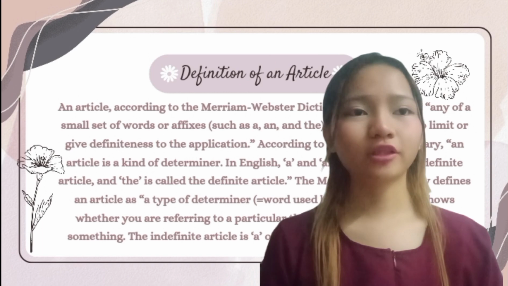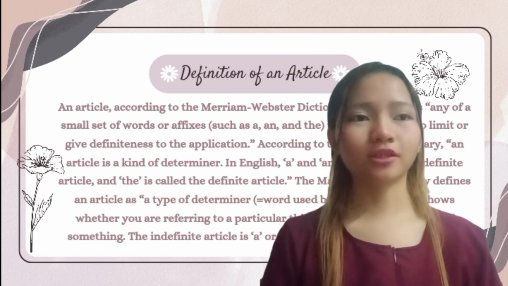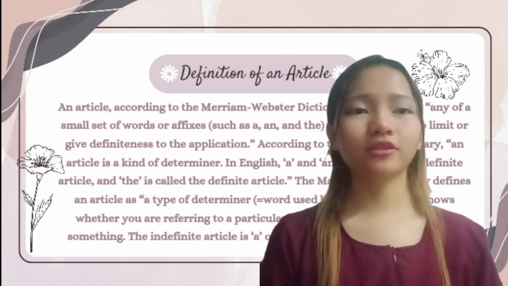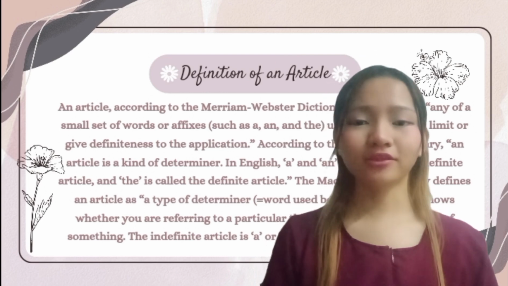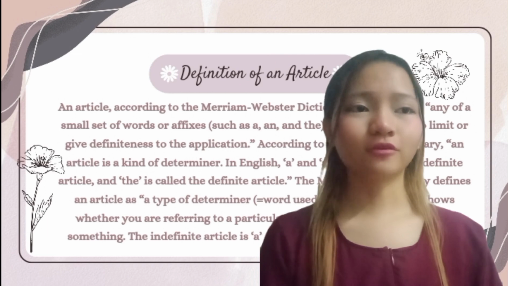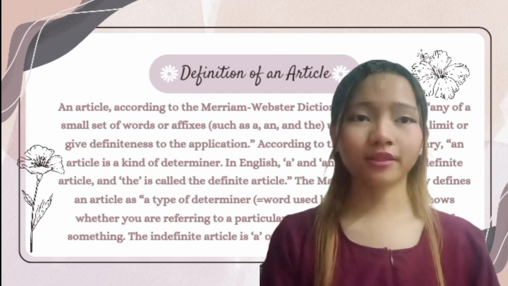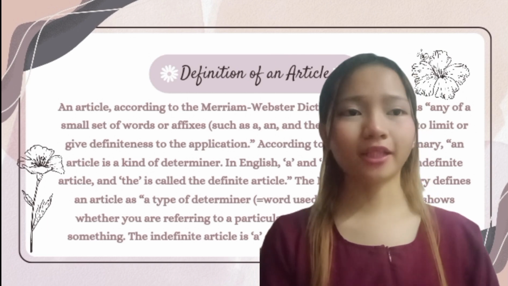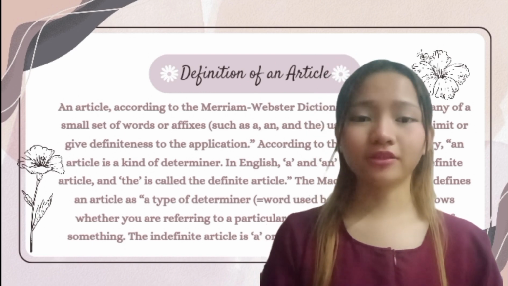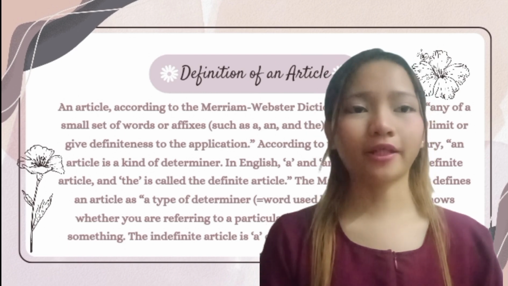An article, according to the Merriam-Webster Dictionary, is defined as any of a small set of words or affixes such as a, an, and the, used with nouns to limit or give definiteness to the application. According to the Collins Dictionary, an article is a kind of determiner.